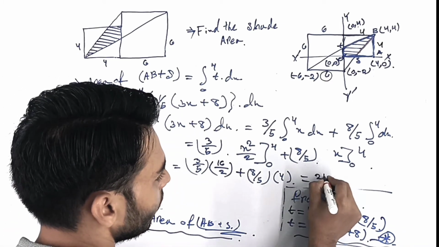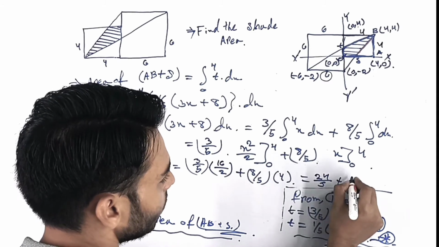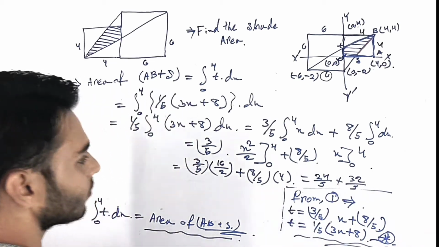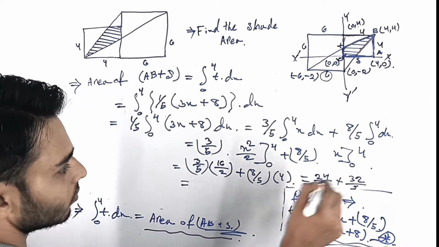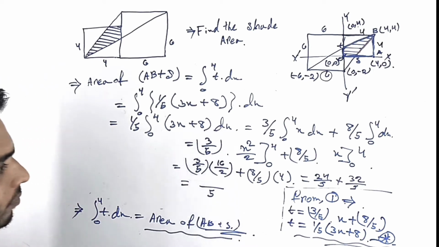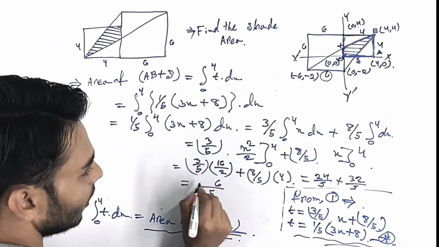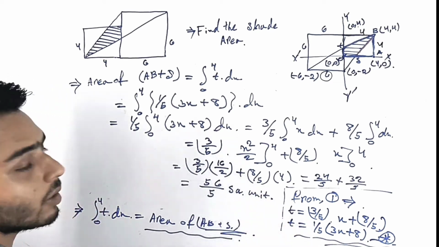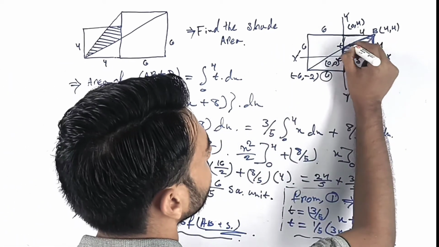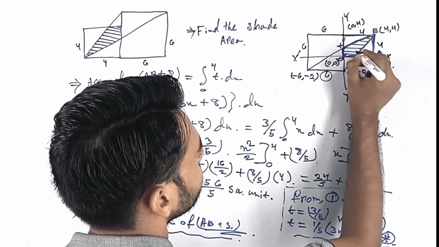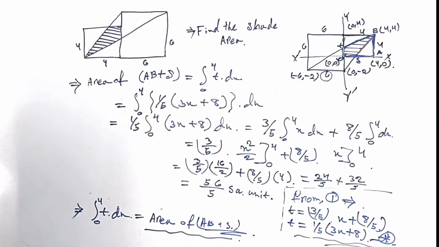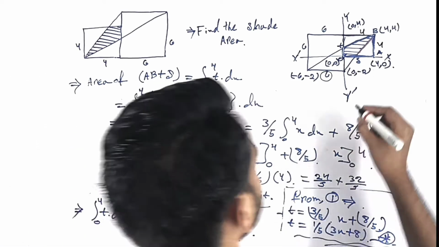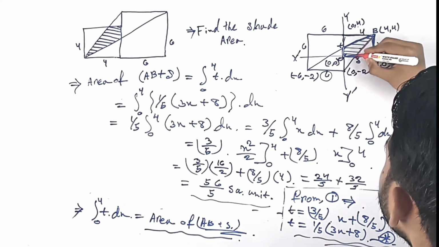So simplify this, that's 24 by 5 plus 32 by 5, and that's equals to, the denominator is 5 and the numerator is 56. So 56 by 5 square unit is the area of this rectangular portion, and you can also say it as a trapezium portion, and the trapezium portion area is also 56 by 5 square unit.